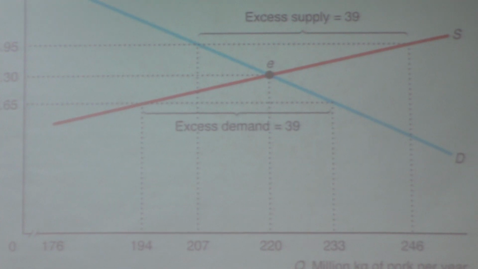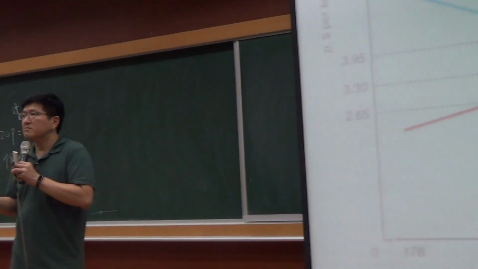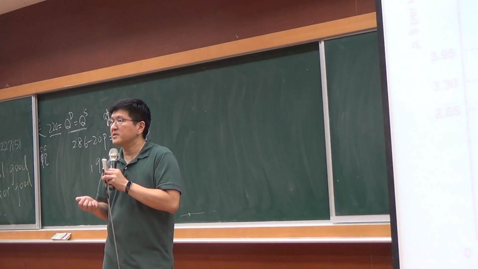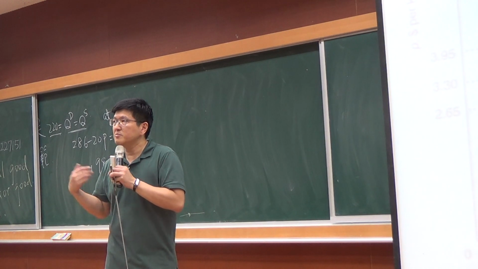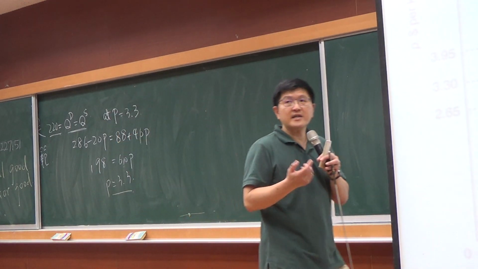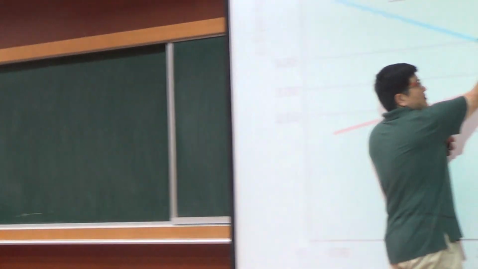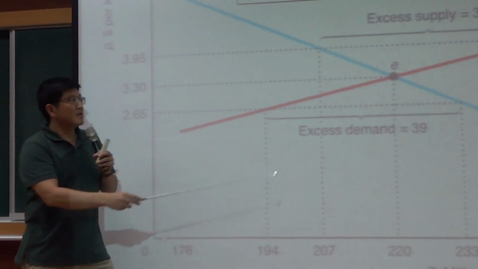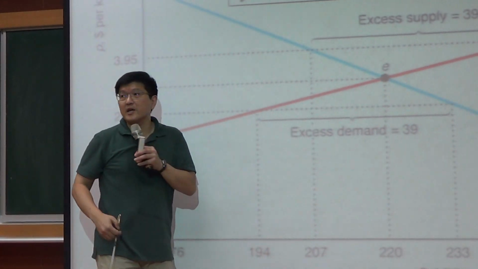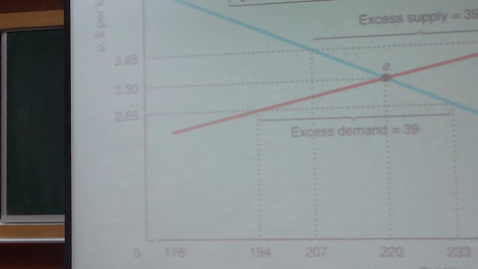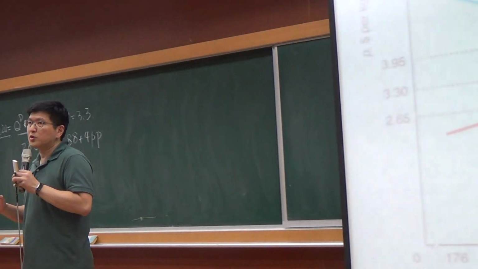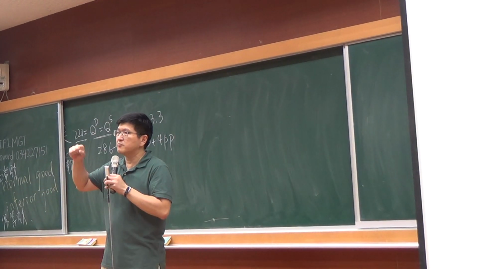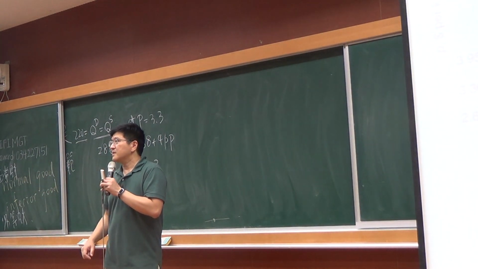Okay, I'll sell you at a lower price, so buy my product. Come to me, I'll sell you at a low price. So there will be a pressure to make the price go downward. So this is the reason why we call it equilibrium, because it's stable. There will be no extra pressure to make the price vary. Get the point?